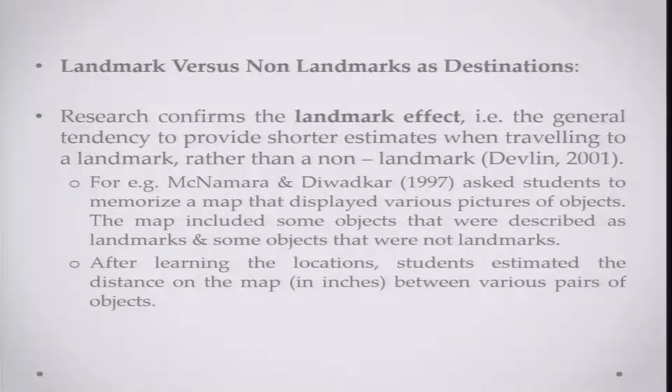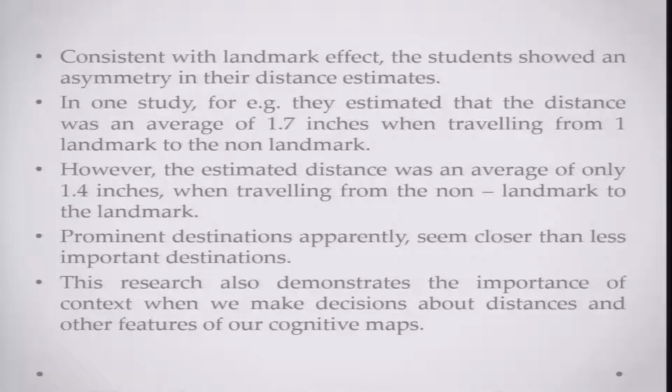This is the classic landmark effect, and McNamara and Diwadkar basically did this study in 1997. They asked students to again memorize a map with various pictures of objects. This map included some objects that were designated as landmarks, some other objects that were designated as non-landmarks. After learning the locations, the students were to estimate the distances between various pairs of objects on the map.